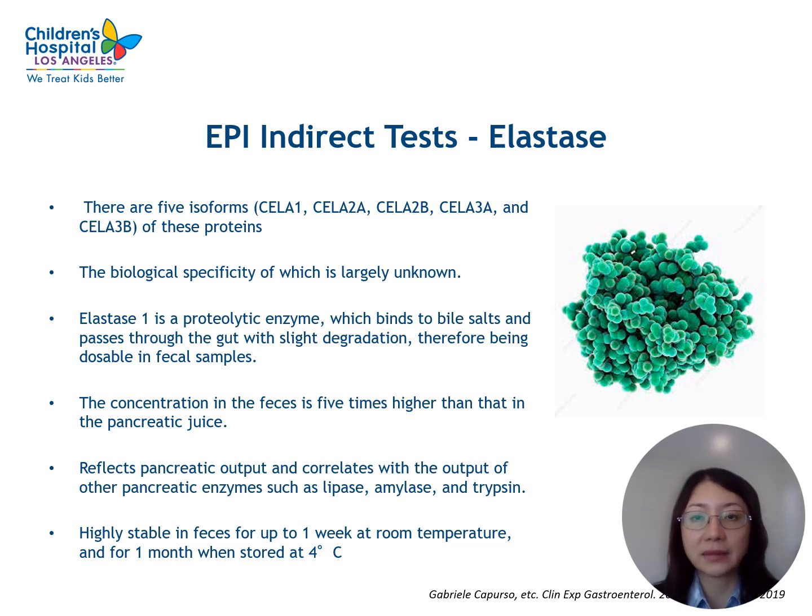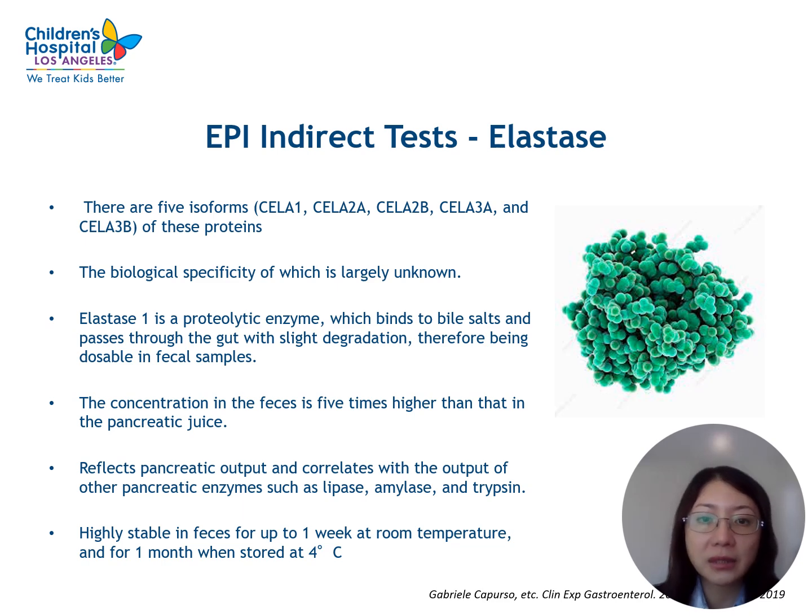So what is elastase? There are 5 isoforms. Really, the biological specificity of this protein is largely unknown. Elastase 1 is a proteolytic enzyme. It binds to bile salts and passes through the gut with minimal degradation.